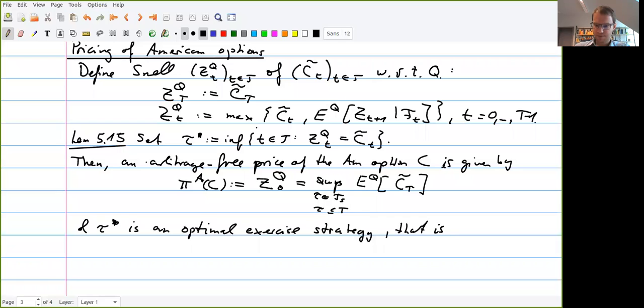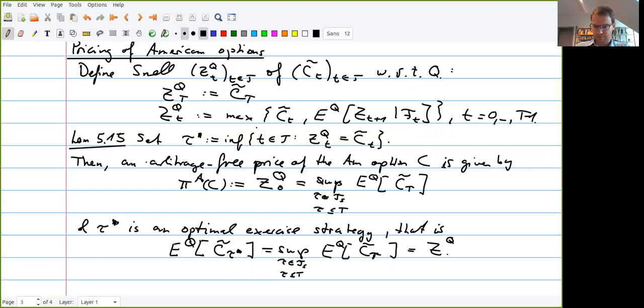So what does it mean? Well, it's a solution to the optimal stopping problem, right? So if I want to maximize my payoff under the martingale measure, this maximum is attained with respect to tau star. So this stopping time is the best choice. I want to stop the discounted payoff of the American option with respect to Q. Right.